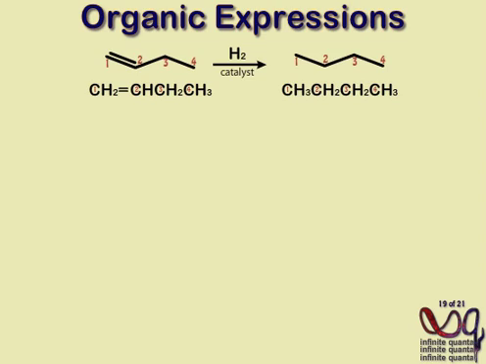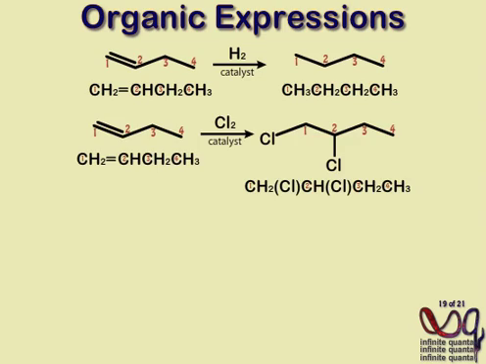Let's get a little bit more complex. Now instead of hydrogen, let's add a halogen. That could be chlorine, Cl2, iodine, I2, bromine, Br2, or fluorine, F2. What's going to happen there? It's going to happen around the double bond.